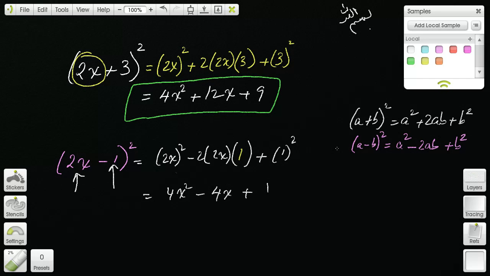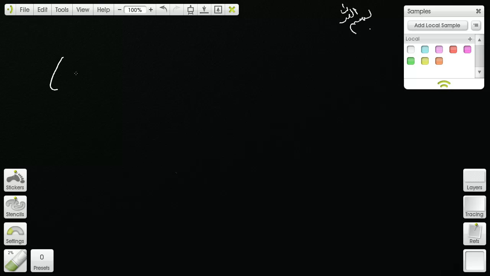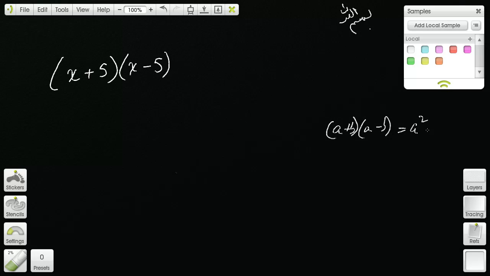That's that. And the last example, we have (x plus 5) times (x minus 5). The formula here was (a plus b) times the quantity (a minus b) is a squared minus b squared. So this is the easy one.